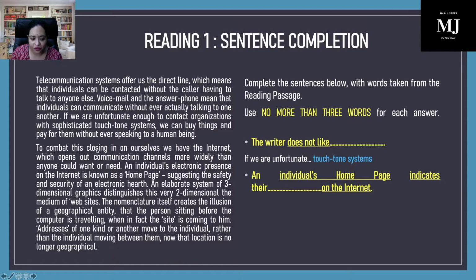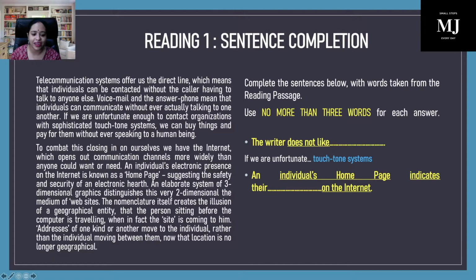To combat this closing in ourselves, we have the internet, which opens out communication channels more widely than anyone could want or need. An individual's electronic presence on the internet is known as a home page. Oh, stop there. Home page, individuals, on the internet. Everything as a keyword is right here in this sentence.